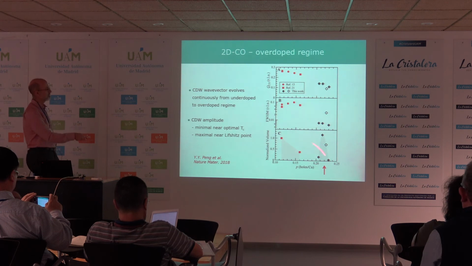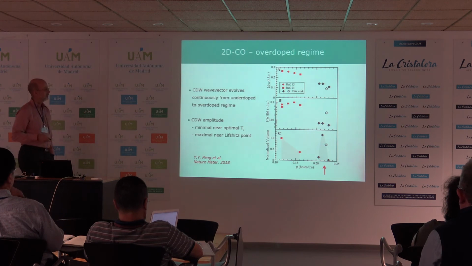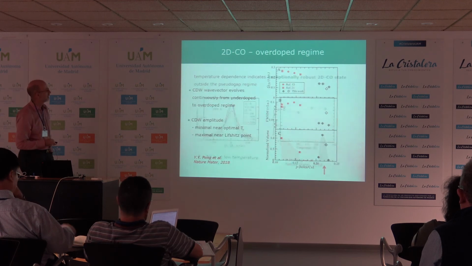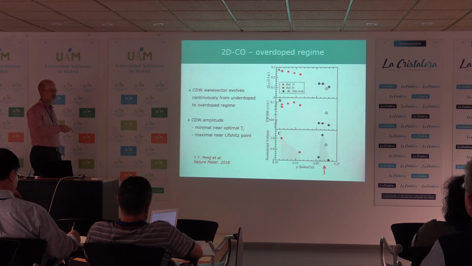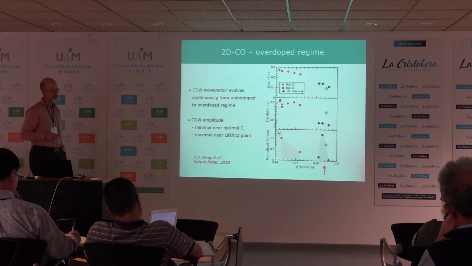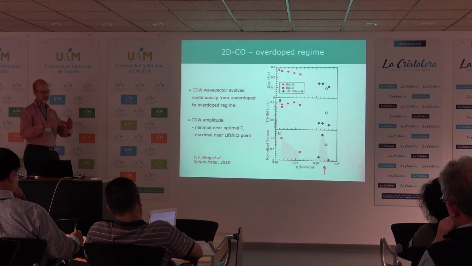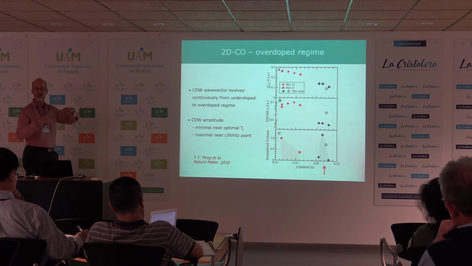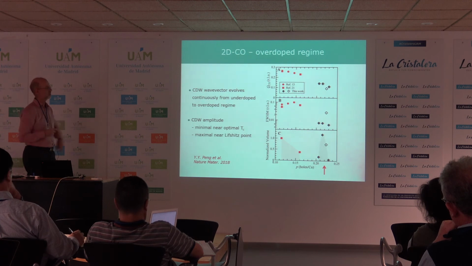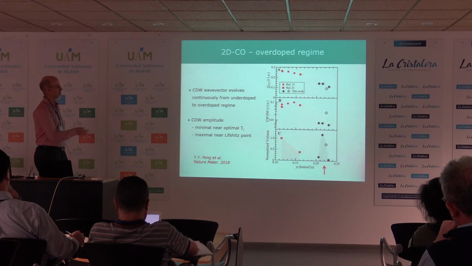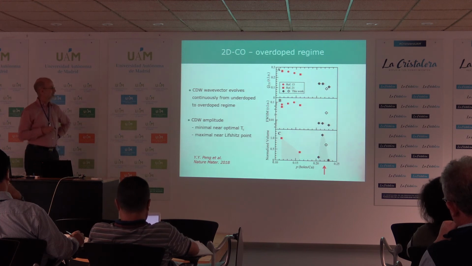And there's a sharp peak in intensity here at the so-called Lifshitz point, where, in the photoemission data, which were studied simultaneously, you see that the hole-like Fermi surface transforms into an electron-like one. Right? So this is the Van Hove singularity, where you see this charge order now being maximum again.